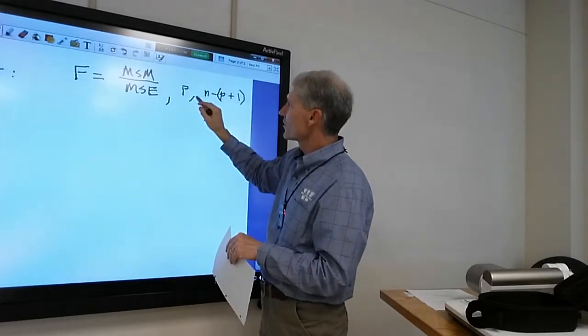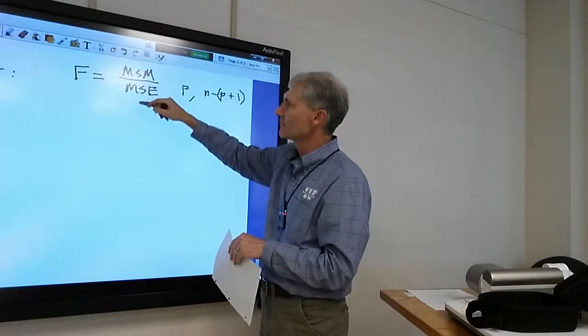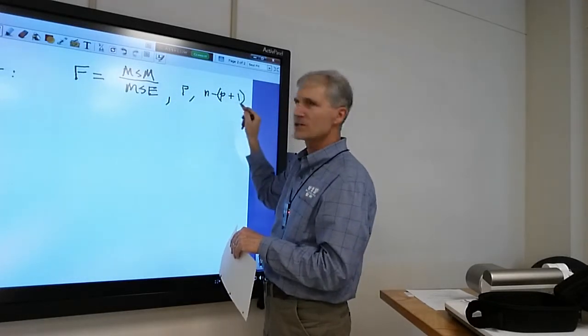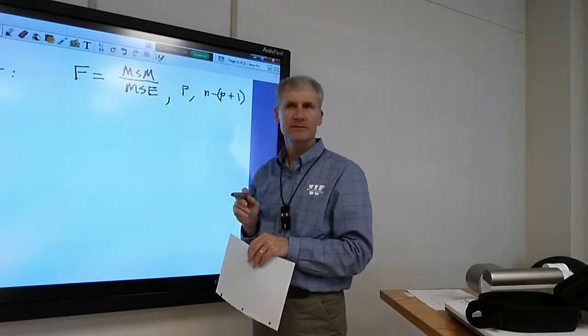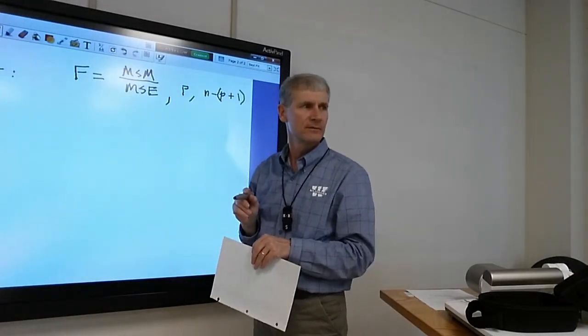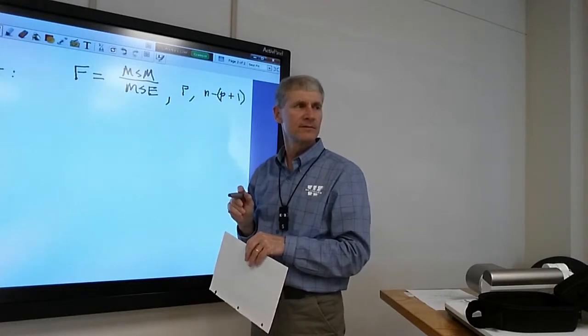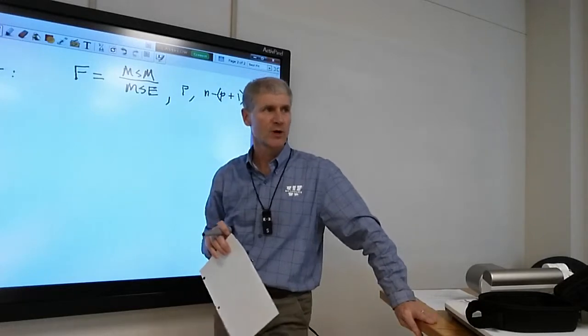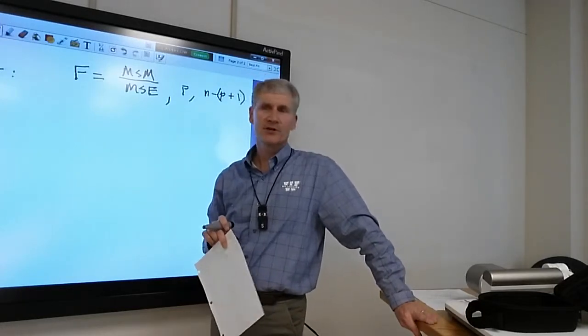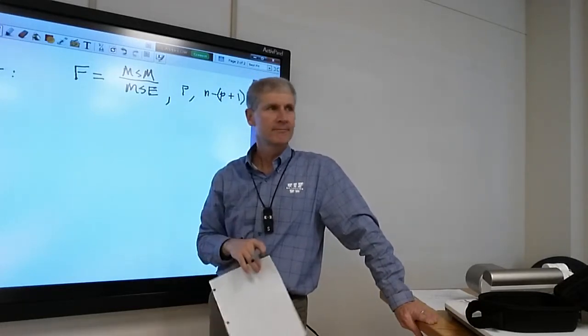So this is the distribution of the test statistic. It'll be F with these degrees of freedom. What's the null hypothesis? The model does not help predict Y. The alternative? At least one does.